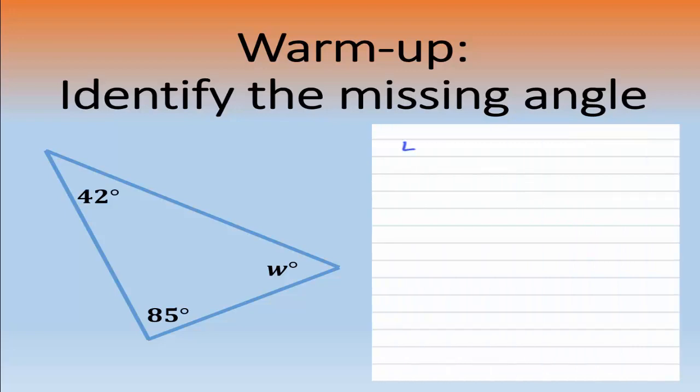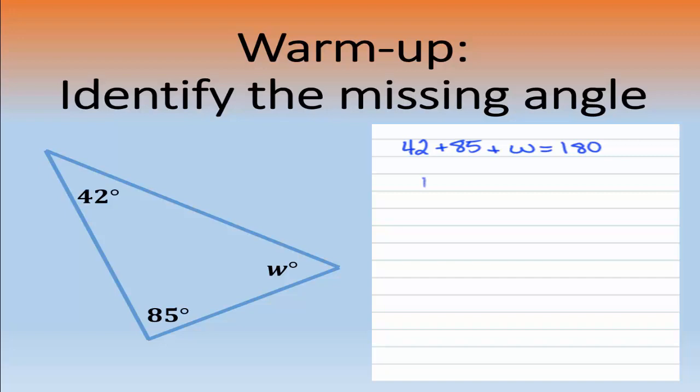You should have added 42 plus 85 plus W equals 180. And now we're going to simplify 42 plus 85.